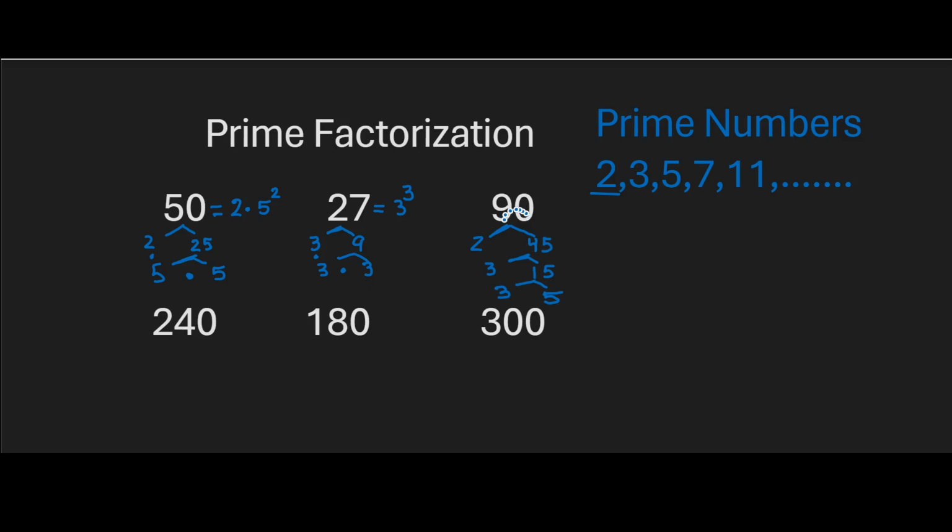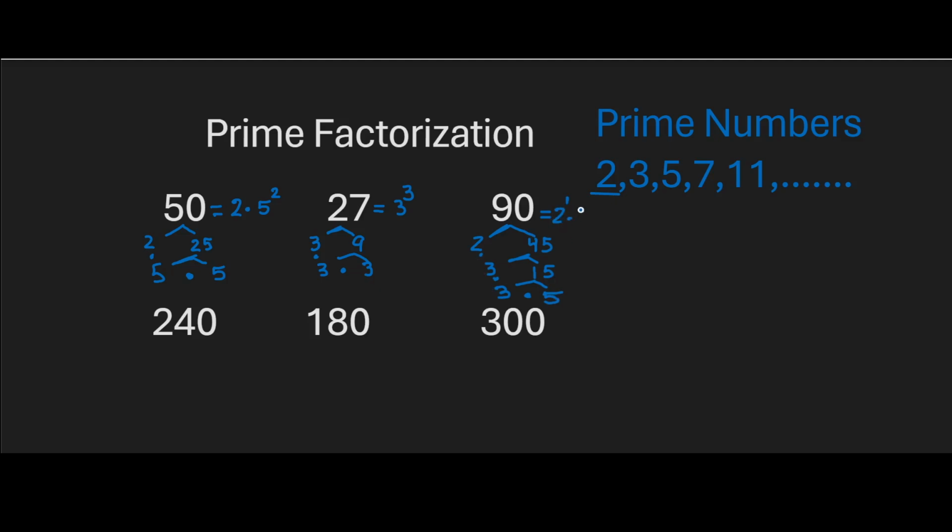Now to check that I got the right answer, I'm going to be multiplying all the prime numbers. 5 times 3, that would be 15, times 3, that would be 45, times 2, that would be 90. So the prime factorization, I have 2 to the first power, I have only one 2, right, in this multiplication.